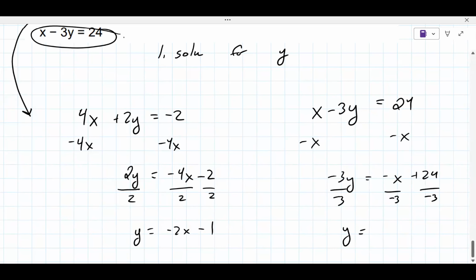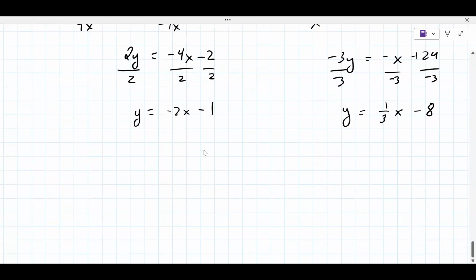So y equals x/3 minus 8. So this ends up being 1/3 x, or x divided by 3 minus 8. So that's y equals, and if you want to graph it, it's x/3 minus 8.